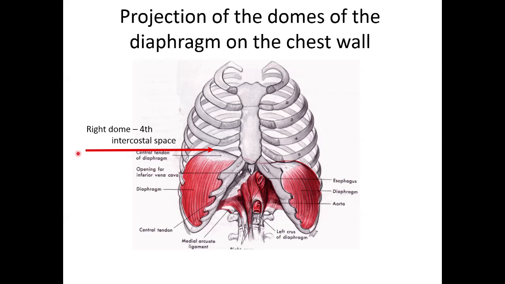So practically, the diaphragm projection on the right side coincides with the nipple position. And on the left side, it is placed one intercostal space lower. So the left dome is localized in the fifth intercostal space.